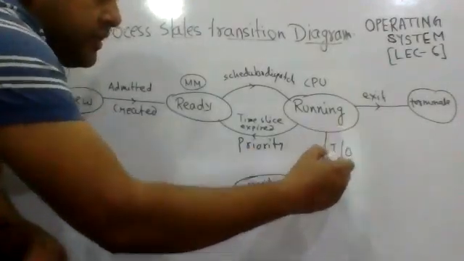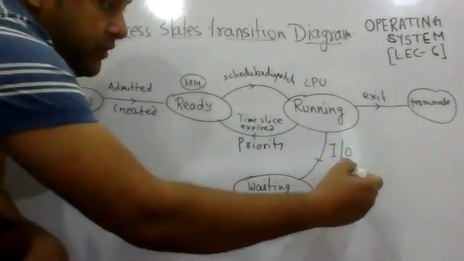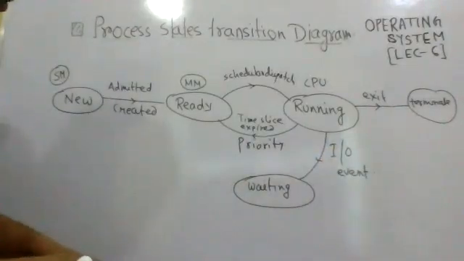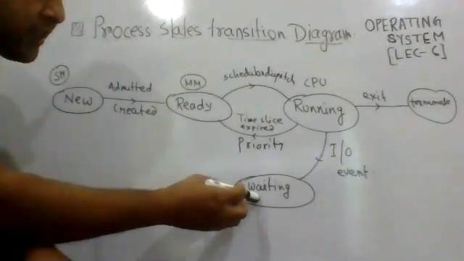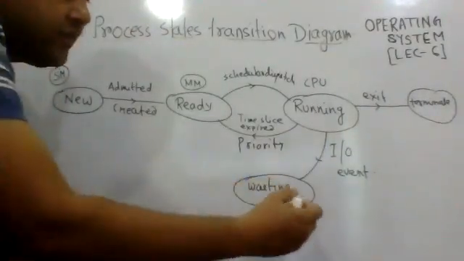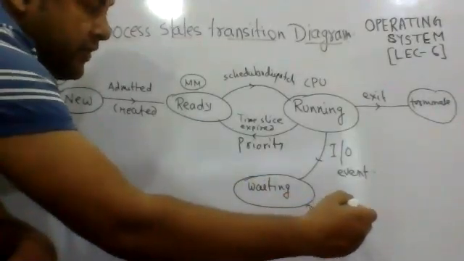Here the event is the IO event. Then the process must be put into a waiting queue, which is the concept of device memory.